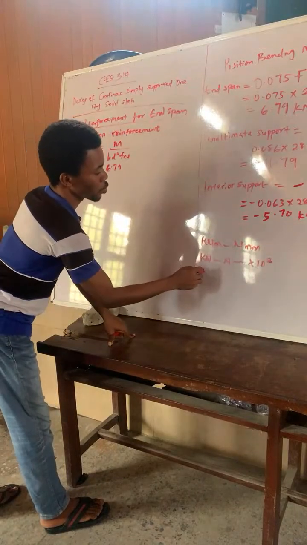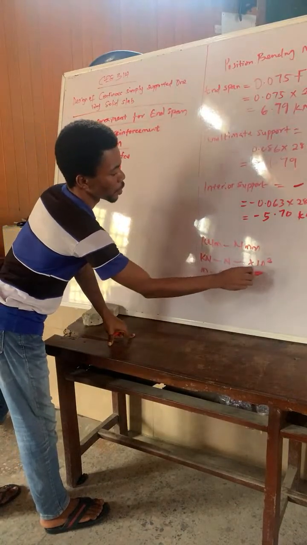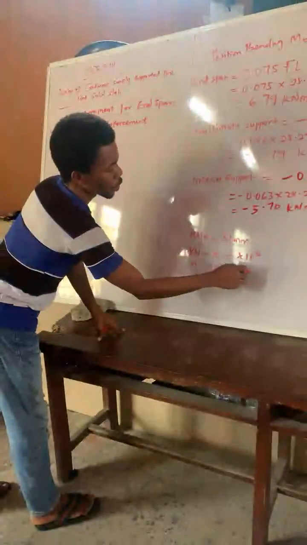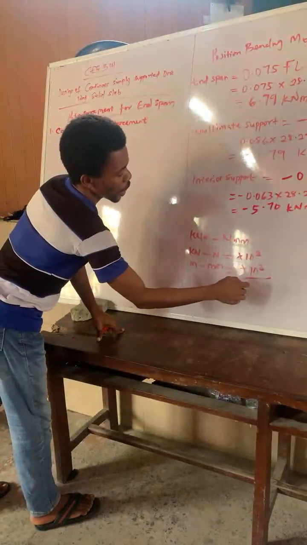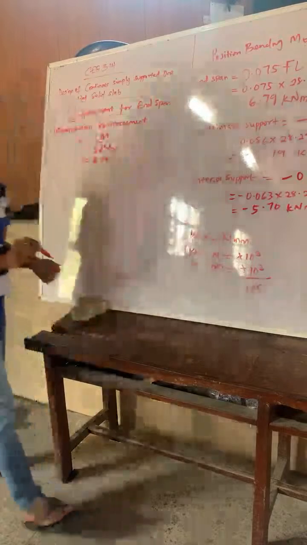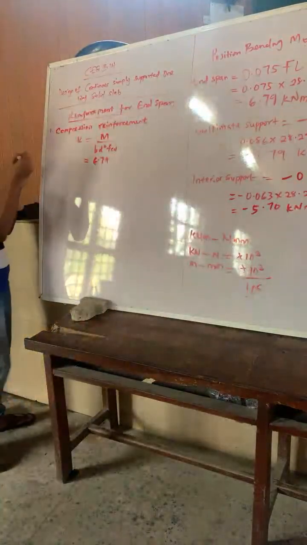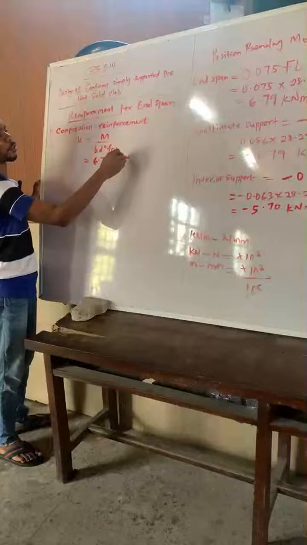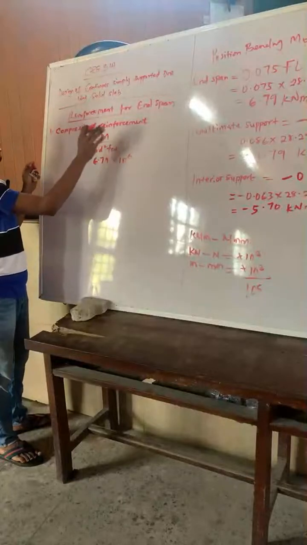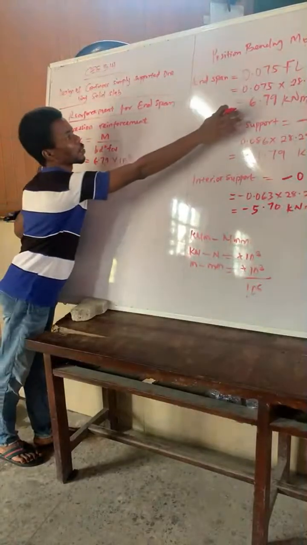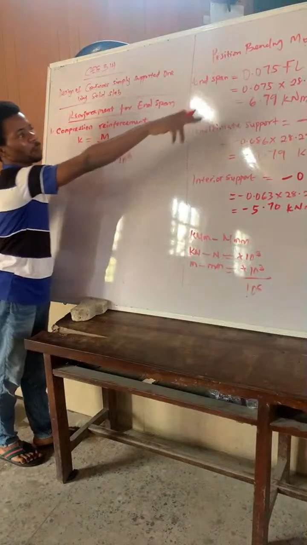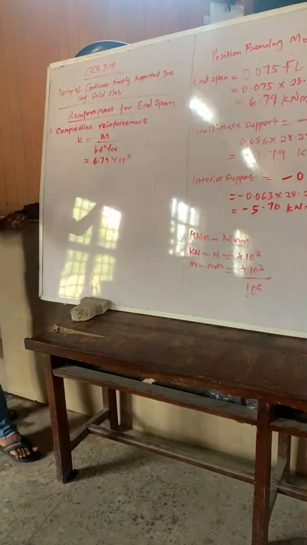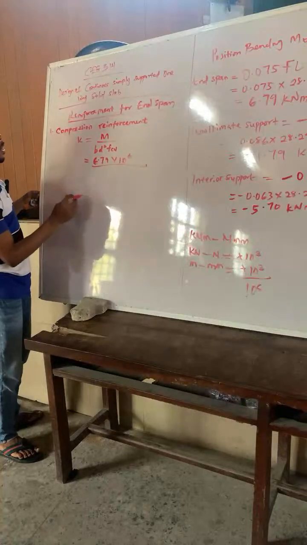Then from meter to millimeter is times 10 to the power 3. So the total is 10 raised to the power 6. So now we input it here. Our moment here was 6.79 in kilonewton meter, so we are converting it to Newton millimeter.